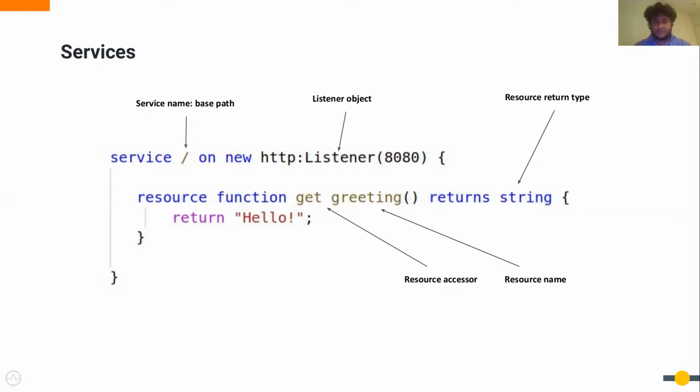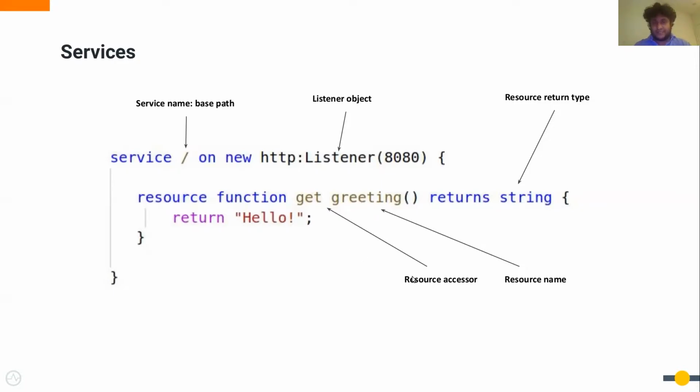Depending on those types, we have these two different types of functions, and that's controlled by the type of service you have as well. The service has a service name, which in the HTTP scenario maps to the base path. And in the resource function, we have a resource accessor and the resource name.